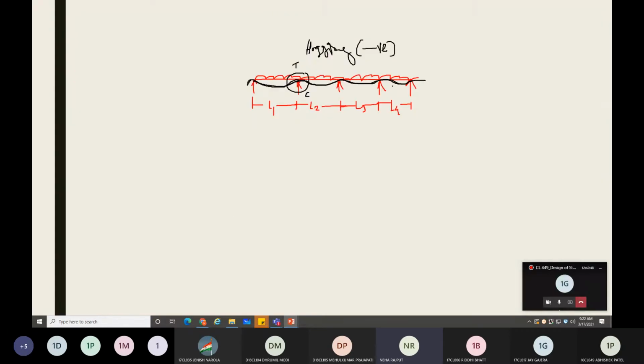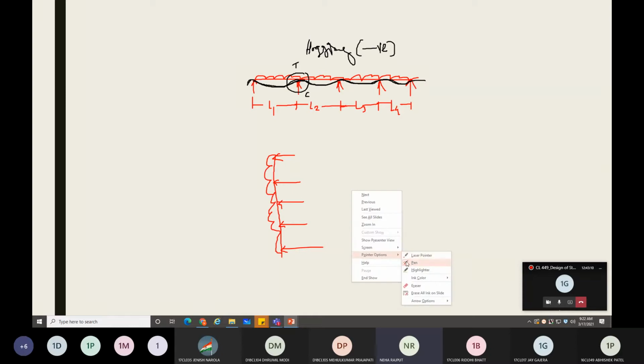So if you make this beam vertical instead of horizontal, and if the supports are over here, it will be like this, and these are the loads, right? So the behavior of this support is similar to this.